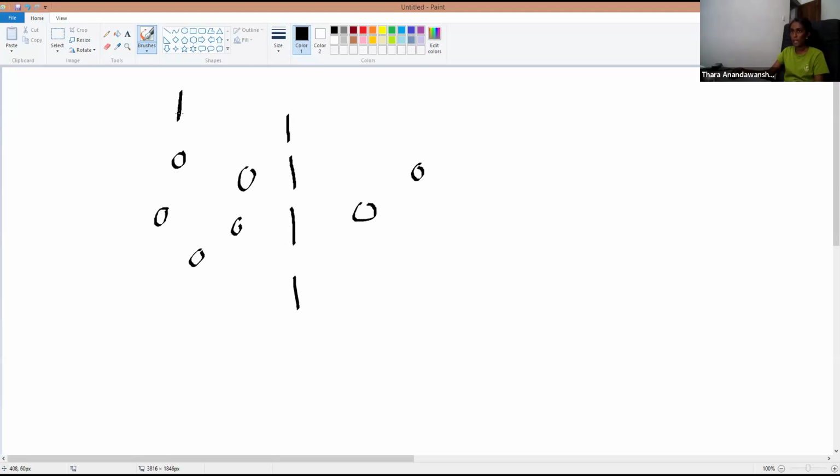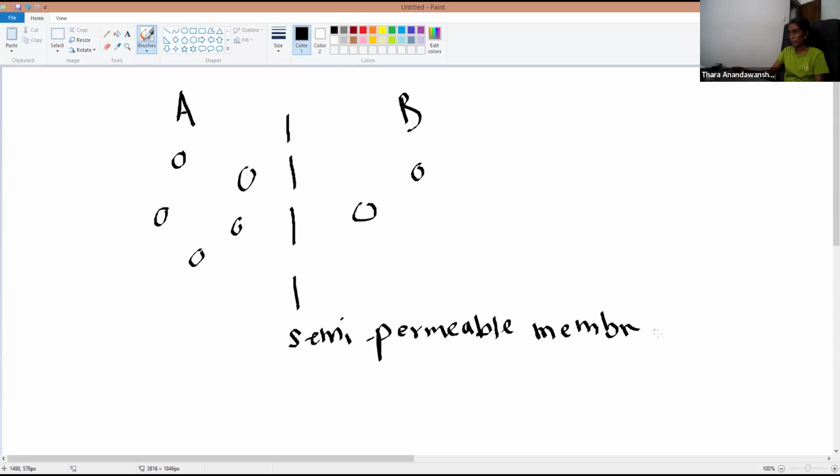There are two sides, A and B, separated by a semi-permeable membrane, or partially permeable membrane.